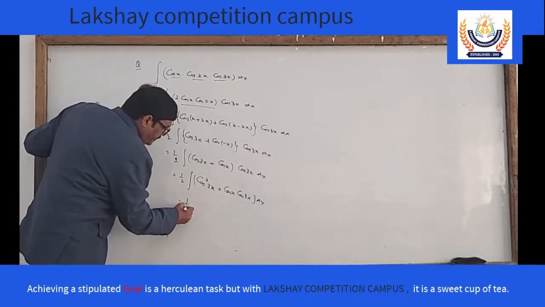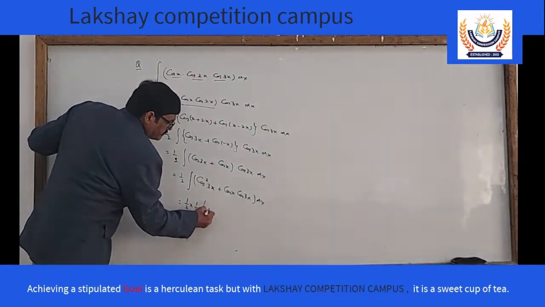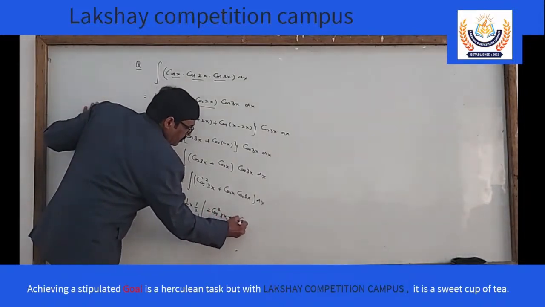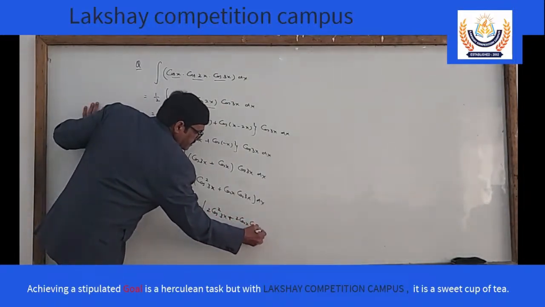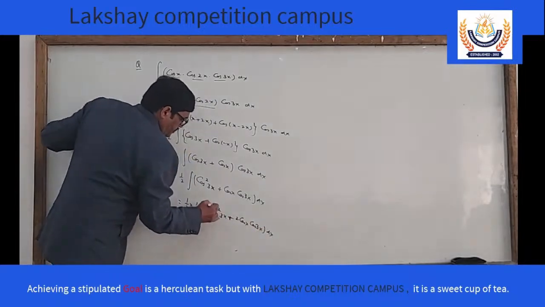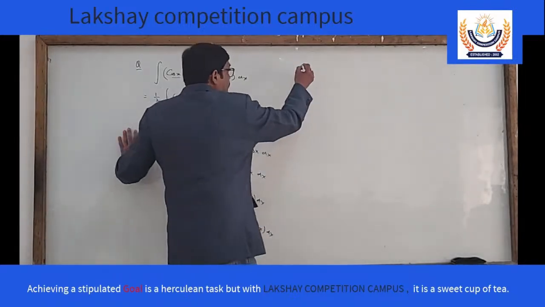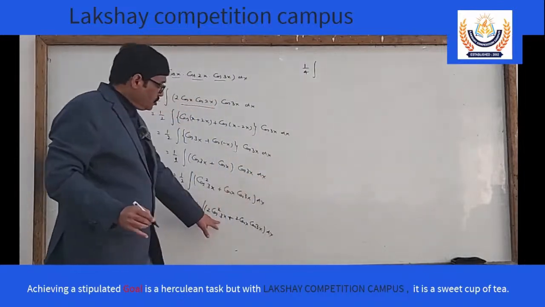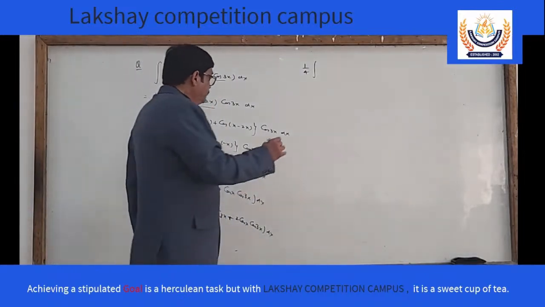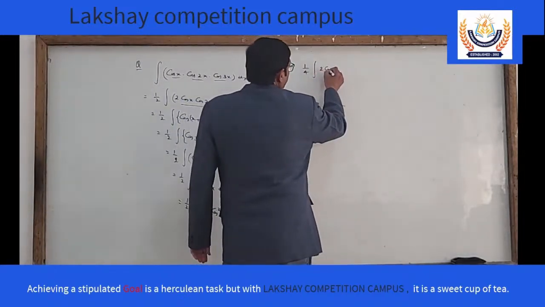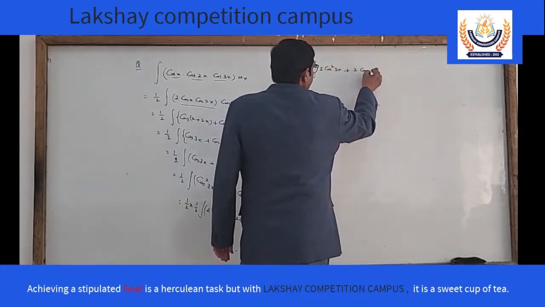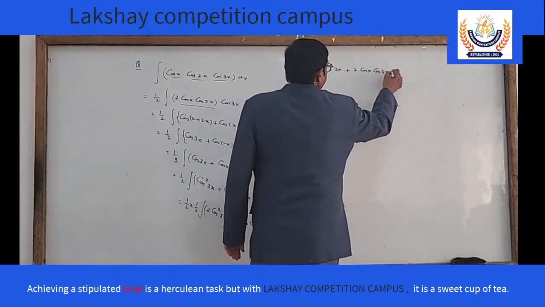Again you multiply and divide by 2: 2 cos square 3x and 2 cos x cos 3x. So here we have 1 by 4, 2 cos square 3x plus 2 cos x cos 3x.